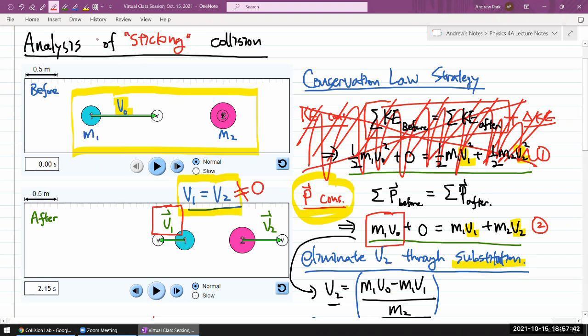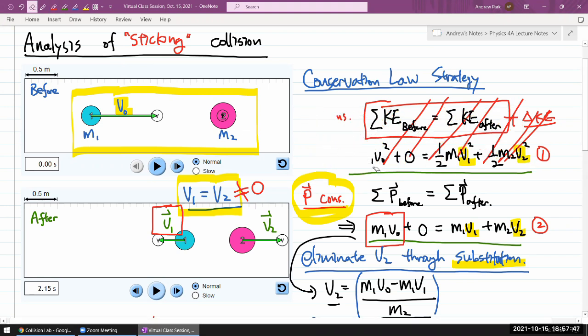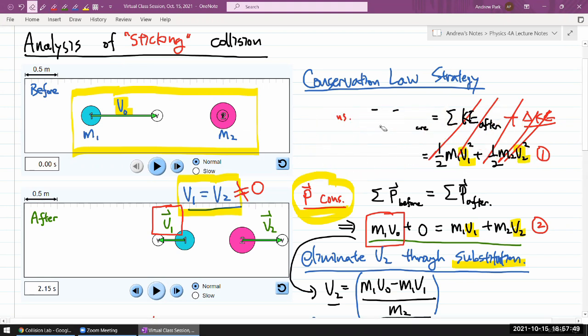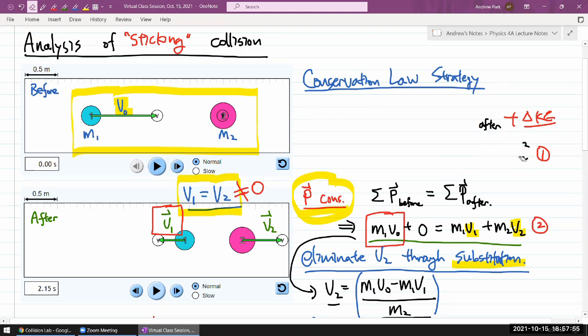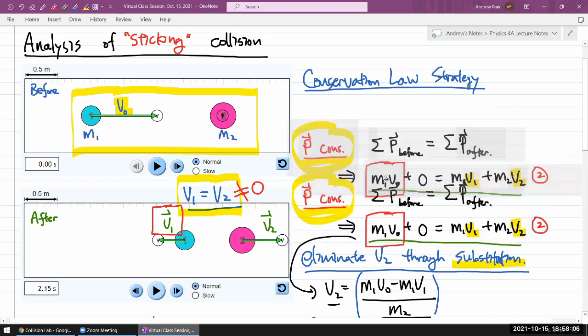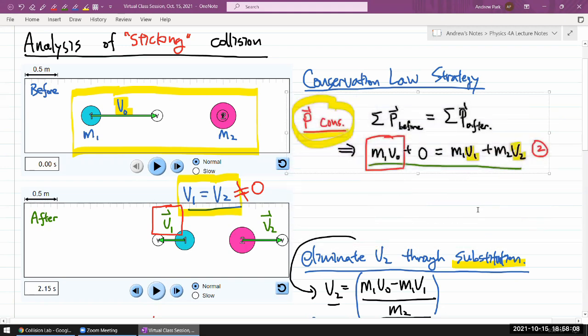I'm not going to invoke conservation of kinetic energy, for one, because I'm not told that energy is conserved. If I'm not told something is conserved and I don't have any reason to justify that it's conserved, then I'm not making use of that. But I do know it is a collision where internal forces dominate. So I can still say, okay, momentum is conserved.